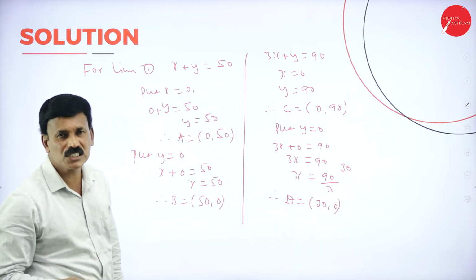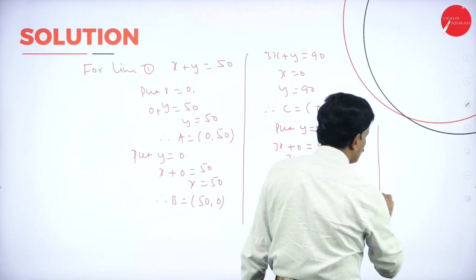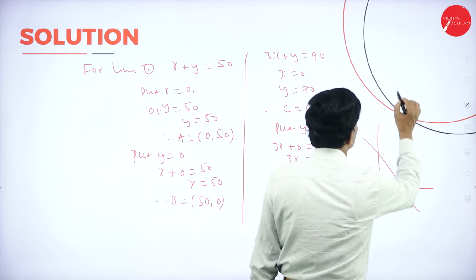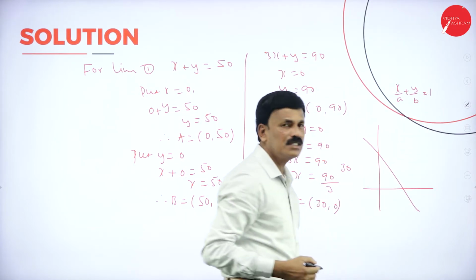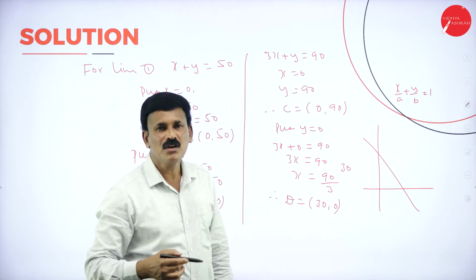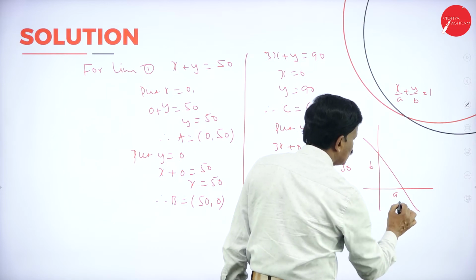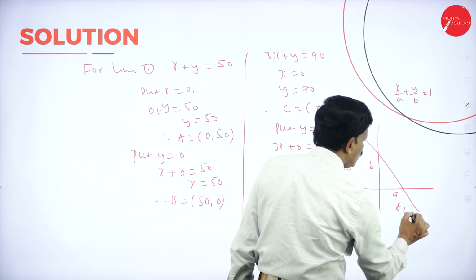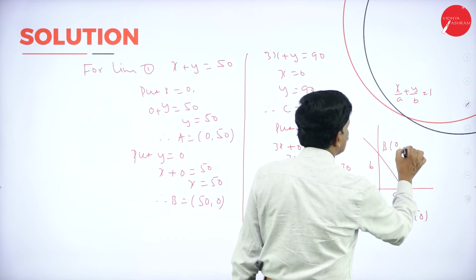Why we are putting x is equal to 0 and y is equal to 0 means, any equation of the form x by a plus y by b is nothing but a straight line. This is an equation of a straight line which cuts the x-intercept at a and y-intercept at b. Therefore, the coordinates of a are a, 0 and the coordinates of b are 0, b.